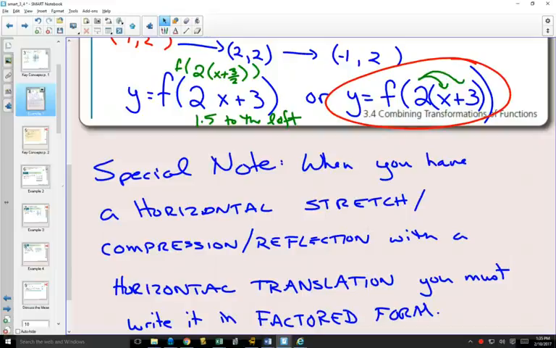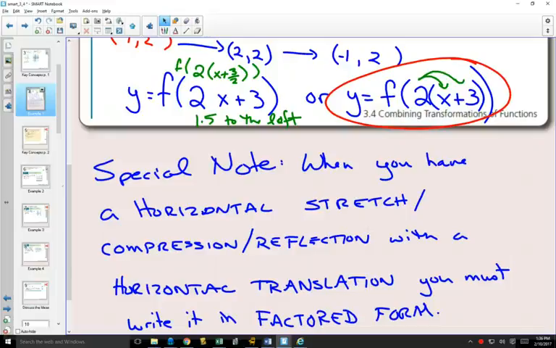I'm not sure. But this will be something I'm going to refer to over and over again, because you are going to forget this. But it comes up a lot. And it's an easy place for you to lose marks, because you're going to be tempted to say in this first one that it goes 3 to the left, but it actually only goes 1.5 to the left. In order for it to go 3 to the left, it has to be in the factored form.